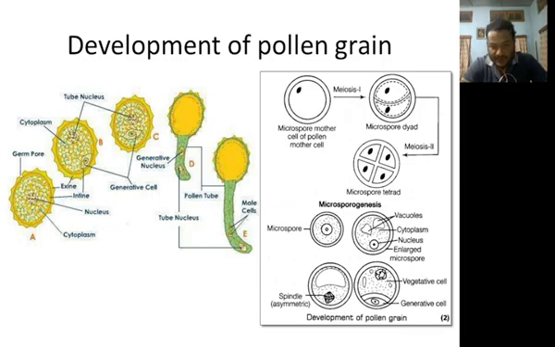In the right diagram you can see the pollen mother cell undergoes meiosis and forms a pollen tetrad, and after maturity it is separated, and this is a single pollen grain, which will divide asymmetrically. This is the vegetative cell and this is the generative cell.